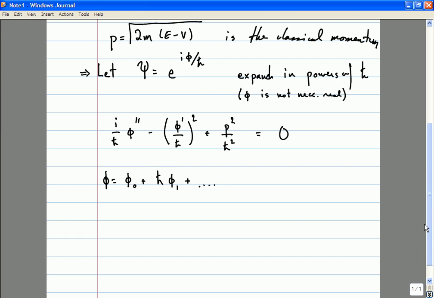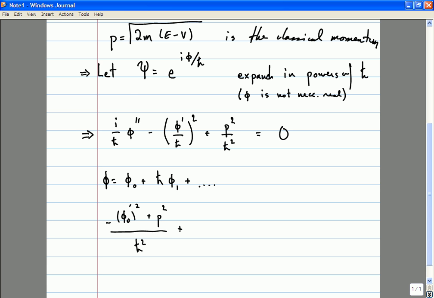And then we can go ahead and rewrite this equation for phi as an equation where we collect all of the like powers of h bar. So for example, the only expressions in this formula that are of order h bar squared involve phi naught prime squared plus p squared over h bar squared. So that's the order h bar squared in the equation for phi.